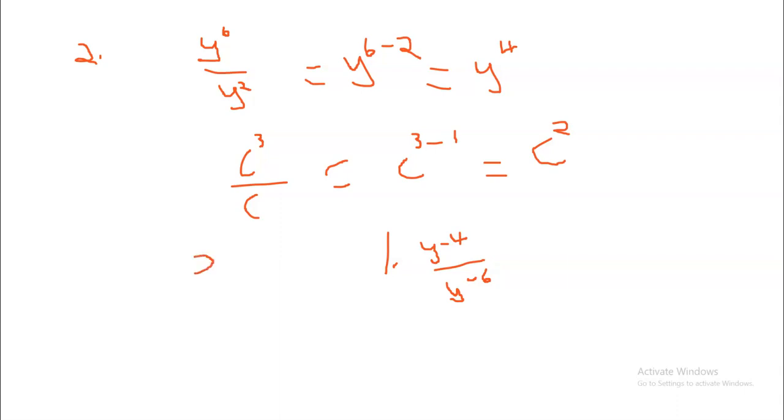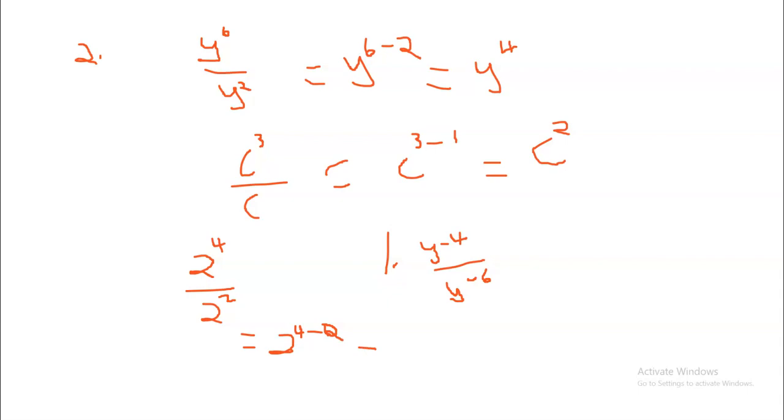For example, I can have 2 to the power of 4 divided by 2 to the power of 2. So now again, using the rule, this will be 2 to the power of 4 minus 2, which is 4 minus 2.